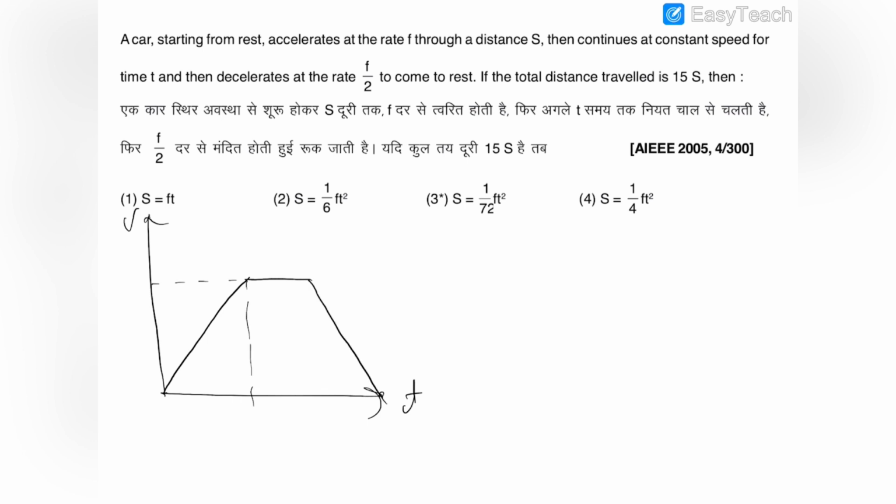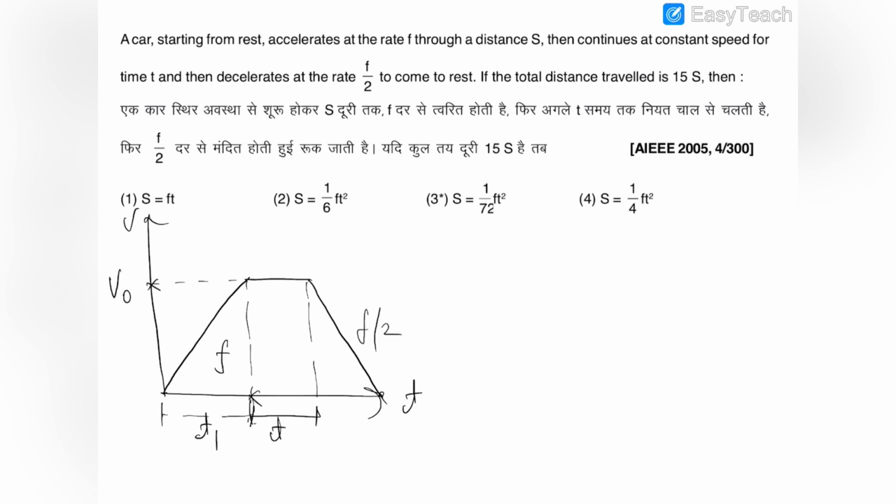So its acceleration was f initially, and let us suppose that this is v0, which is the maximum velocity attained, and this time is, let us suppose, t1. Then it moved for a constant time t with a constant velocity v0, and then it decelerated and came to rest with a deceleration of f by 2.